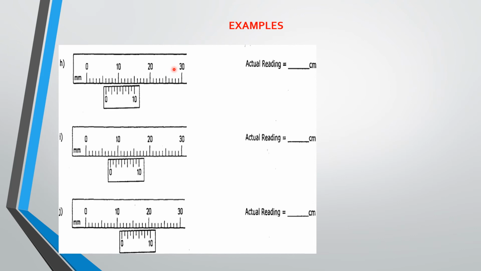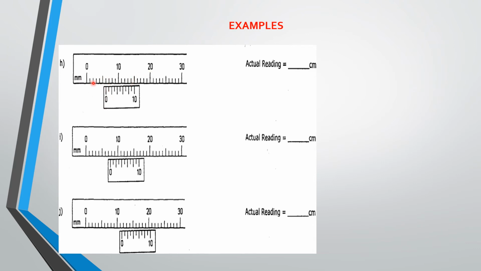So what you do first is look at the main scale. This is the main scale and this is your Vernier scale. From the zero of the main scale, you look at the mark that is there before the zero of the Vernier scale.